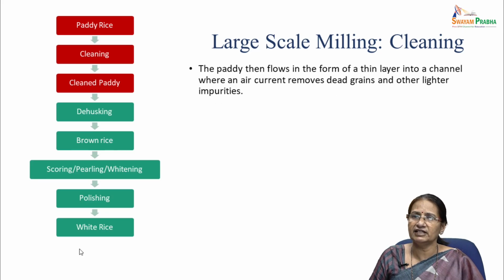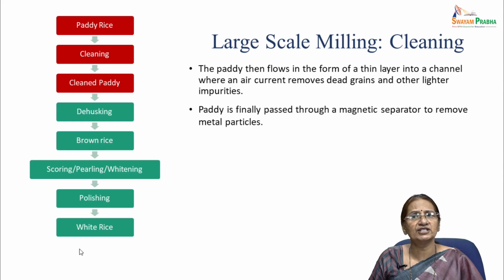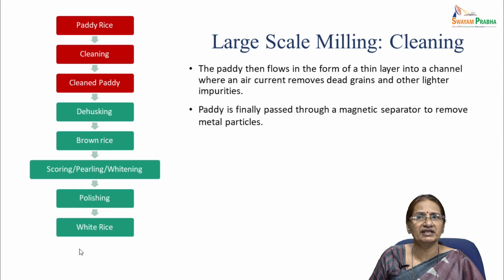The paddy then flows in the form of a thin layer into a channel where an air current removes dead grains and other lighter impurities. Paddy is finally passed through a magnetic separator to remove metal particles.